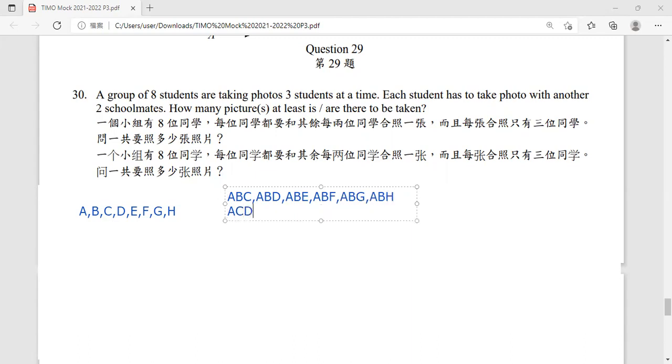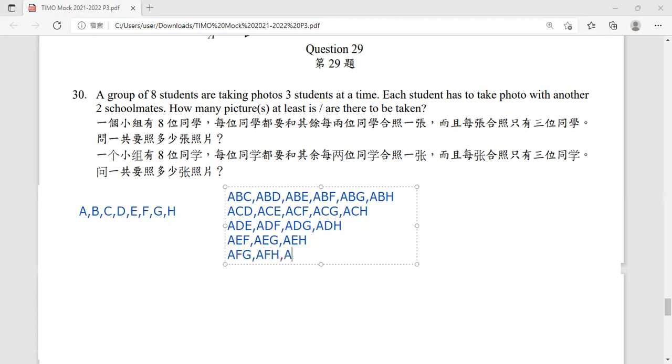Then ACD, ACE, ACF, ACG, ACH, and ADE, ADF, ADG, ADH, and AEF, AEG, AEH, AFG, AFH, AGH.